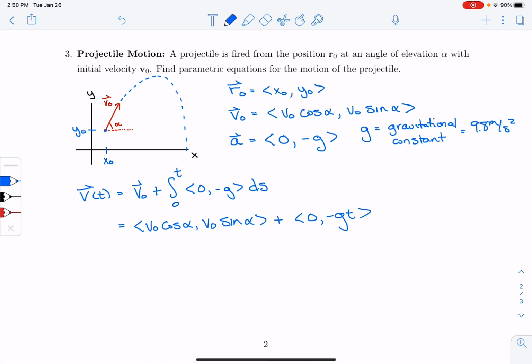So we can combine those if we choose. That's going to be v0 cosine alpha, and then v0 sine alpha minus gt.